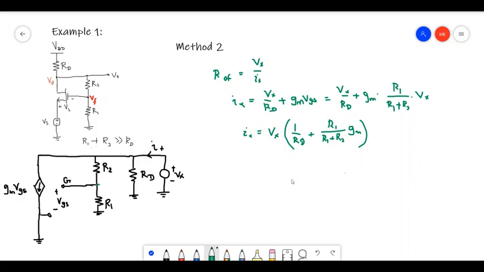So simplifying this, I can write Rout of the closed loop system, which is Vx divided by Ix, is equal to, if I take the common denominator, that is Rd, so I have to get the reciprocal, Rd over 1 plus R1 over R1 plus R2 times GmRD.